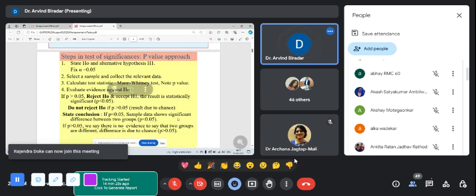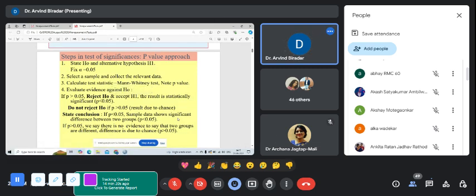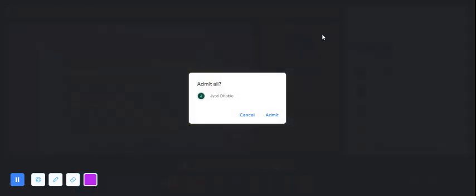Sometimes one can consider a 1% level of significance. Then select a sample and collect the relevant data. This is also a most important part. Define the sample size and collect relevant data.